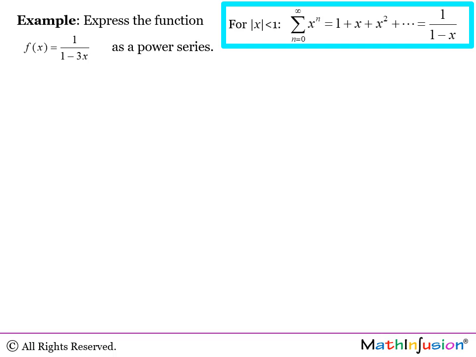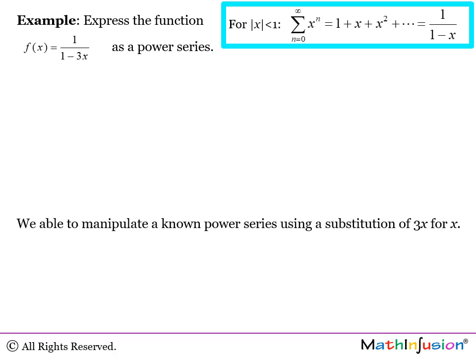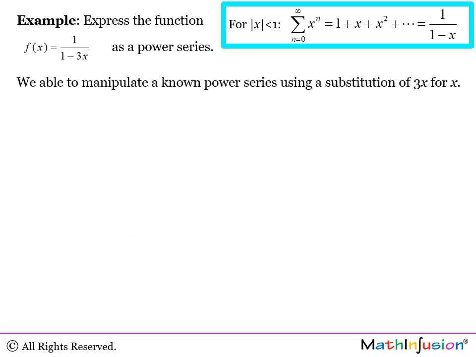Example: express the function f(x) equals 1 over 1 minus 3x as a power series. We're able to manipulate the known power series that is written above using a substitution of 3x for x. Okay, let's compare.